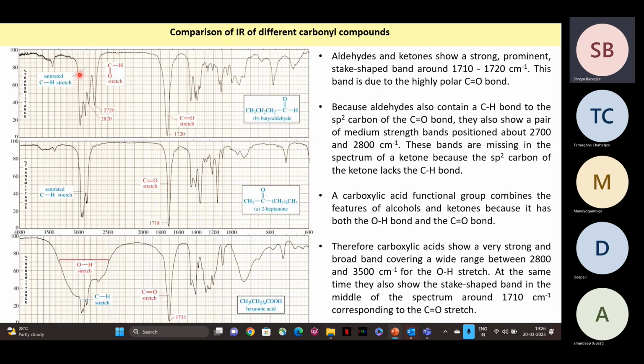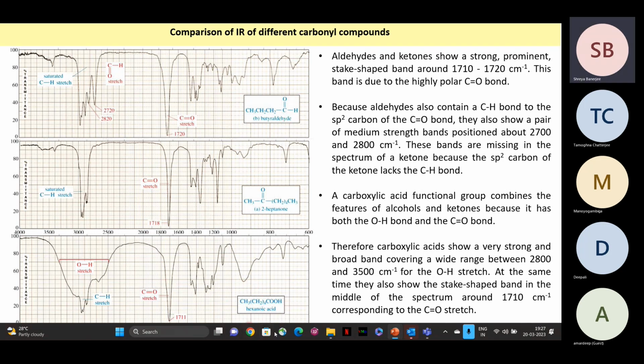So this region is the CH stretching. These two peaks, 2820 and 2720, are the CH stretch, which is observed in aldehyde but not in ketone because ketone does not have a CHO.